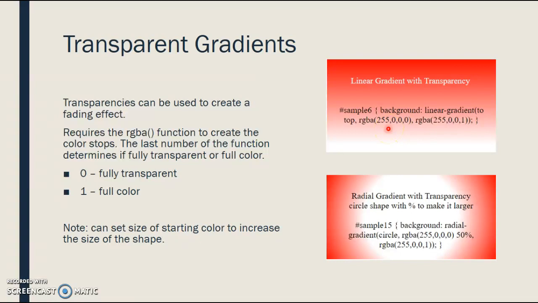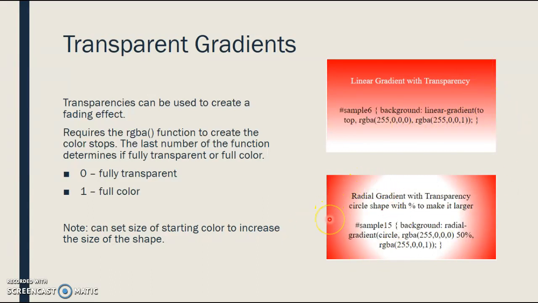It's how you define color on a computer or device. And then there's an extra number here, which is going to be a 0 or 1. The 0 means fully transparent, which is this white area, and 1 is full color, which is the top area. So I'm building from the bottom to the top, starting with full transparency and going up to full color.